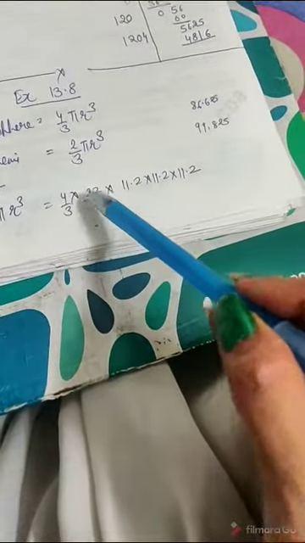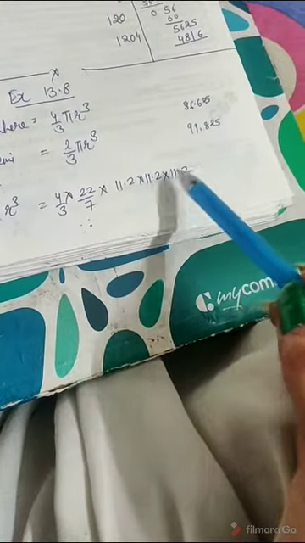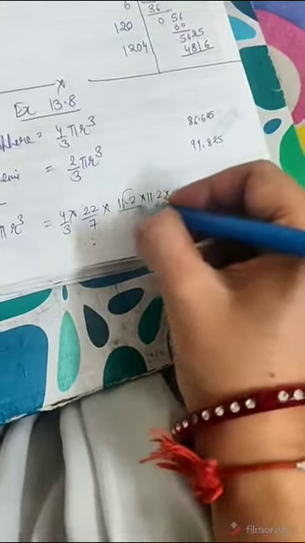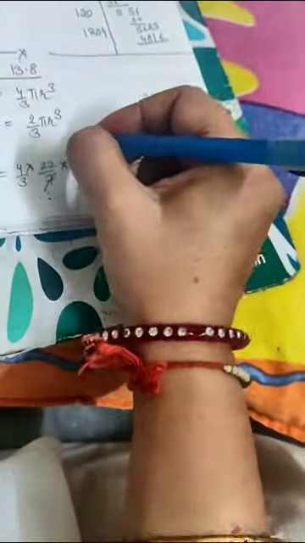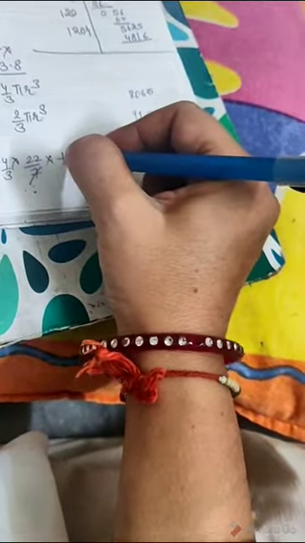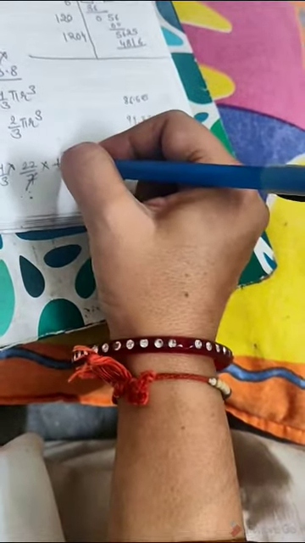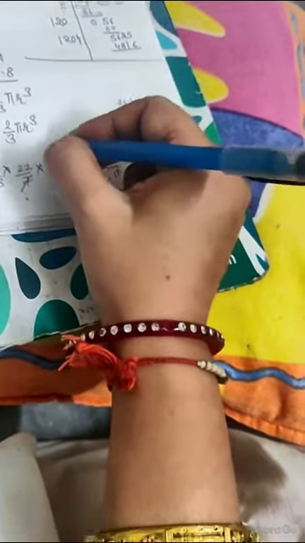4 by 3 into 22 by 7 into 11.2 into 11.2 into 11.2. Remove the decimal: this is divided by 10, this is also divided by 10, and this is also divided by 10. And 7 ones are 7, and this is 42, 7 sixes, so 16 sevens are 112.